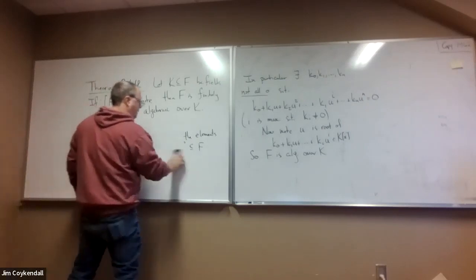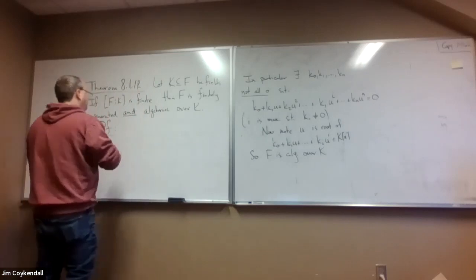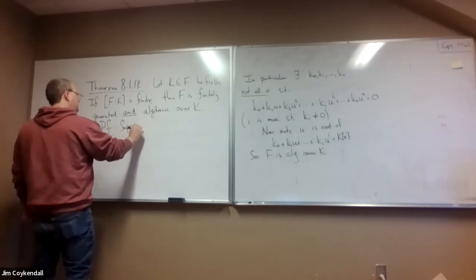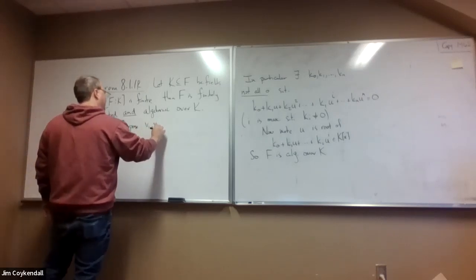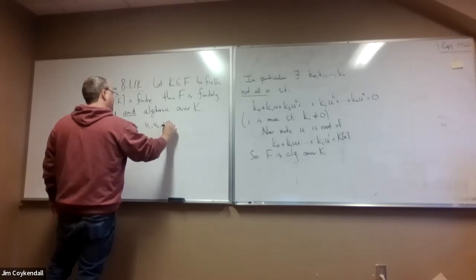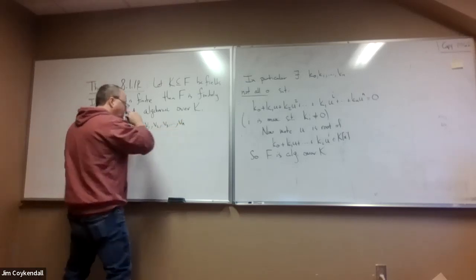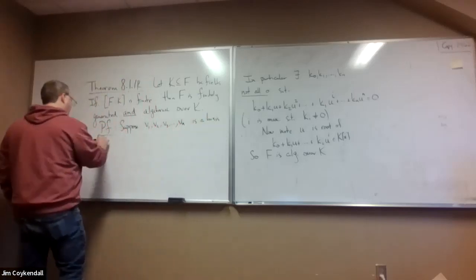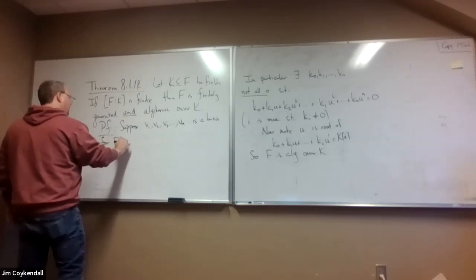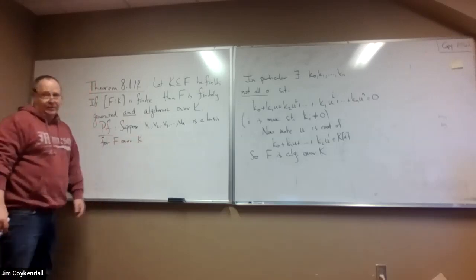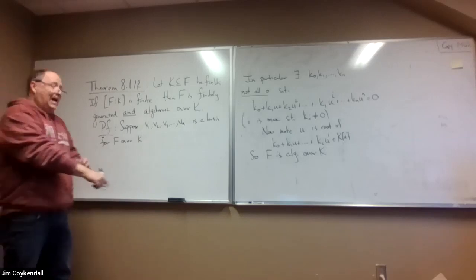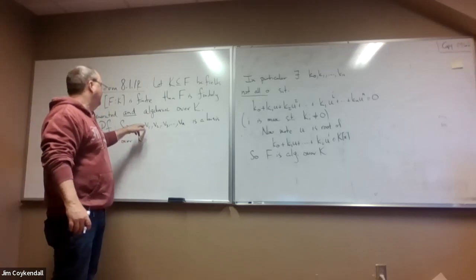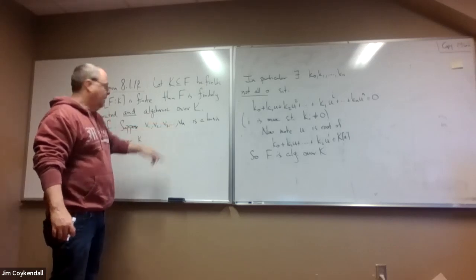Suppose v1, v2, v3, up to vn is a basis. It's a much stronger thing, because notice every element of F is a K-linear combination of them, right?